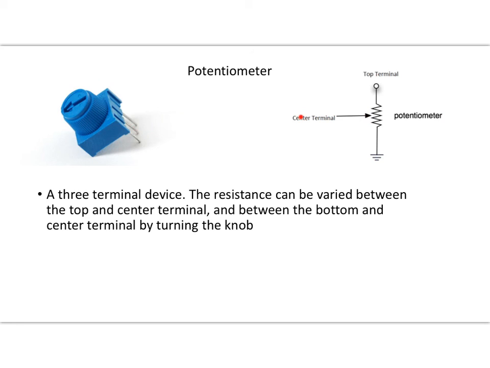Then, as you turn the knob, since the resistance changes, the voltage also changes between the terminal and the ground. And that has a lot of applications in projects, as you'll see.